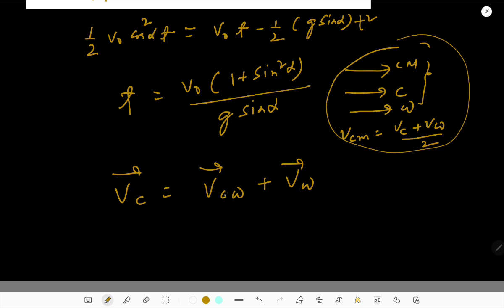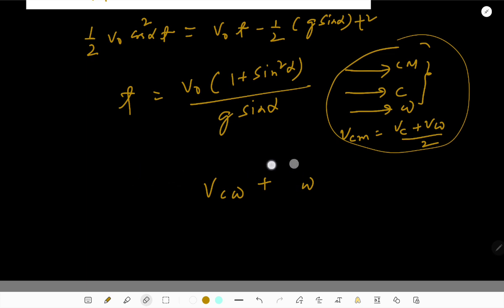So it comes out to nothing. If I put 0, that means VC equals VW, and I got nothing. I can get one thing more.